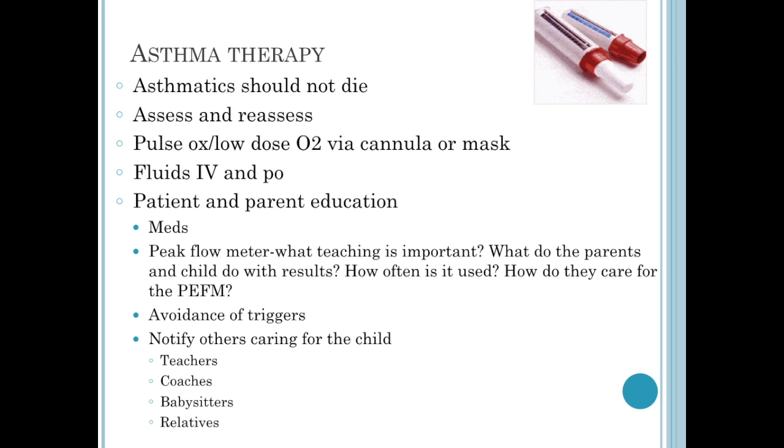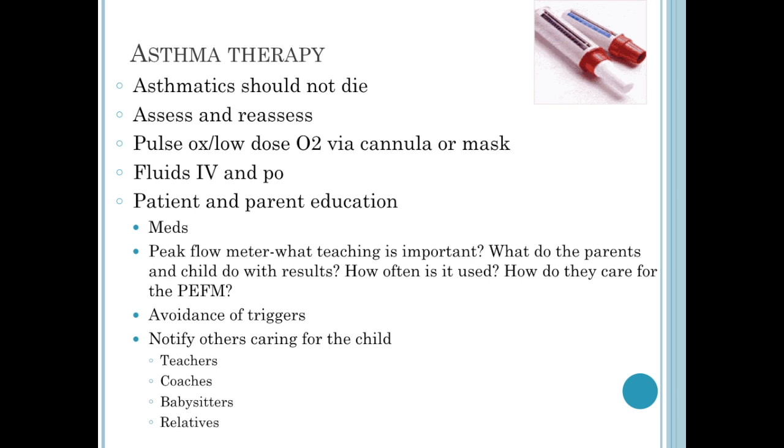Review the medications. What are the short term? What are the long term? What do they do as rescue medications? Teach them how to use that peak flow meter. What is normal? What is their green zone, their yellow zone, and their red zone? What do they need to do with the results? The yellow zone, they still need to contact their pediatrician or their pulmonologist.